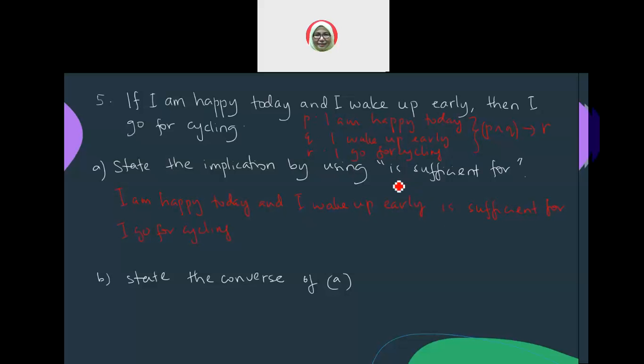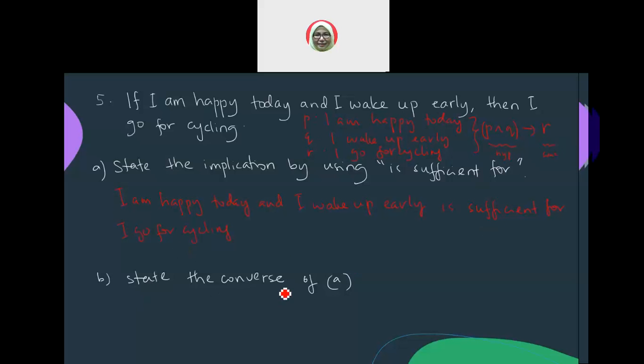When you use is sufficient for, before sufficient is the hypothesis, and after sufficient is the conclusion. So this one we call hypothesis. R is the conclusion.